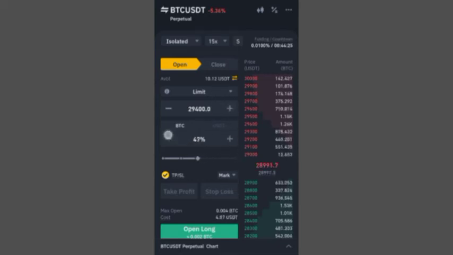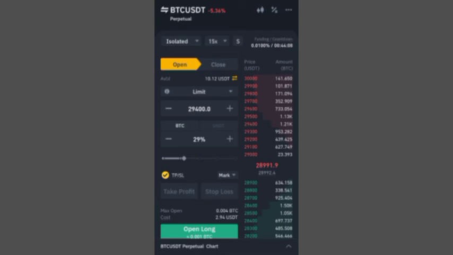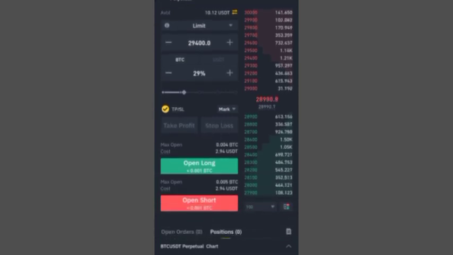I will have to reduce it to 3 USDT or below. Let me do it at 2.94. Then my leverage will be nothing above 5x. Let's say 4x here. Then let's say I'm going long.